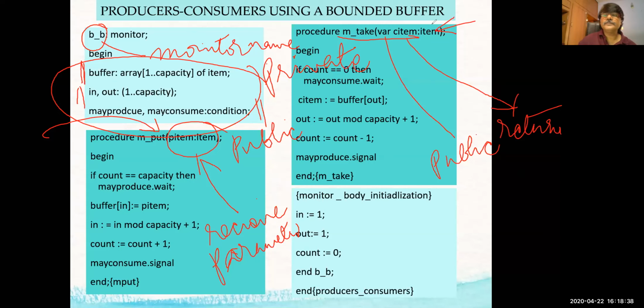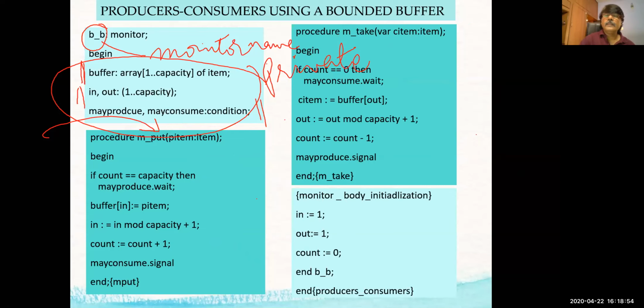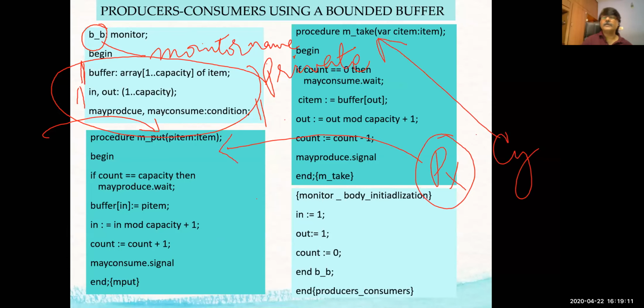So just see here. If producer X or consumer Y has to use the buffer, they cannot use the buffer directly. If producer X wants to input information in the buffer, it should call the function input. If consumer Y wants to retrieve information from the buffer, it should call the function mtake.